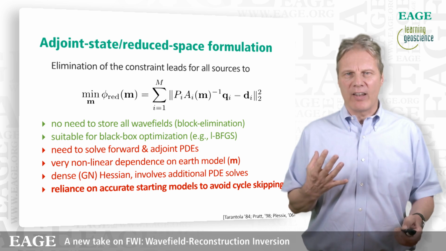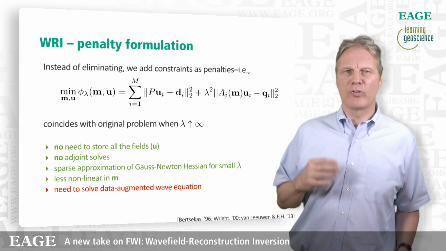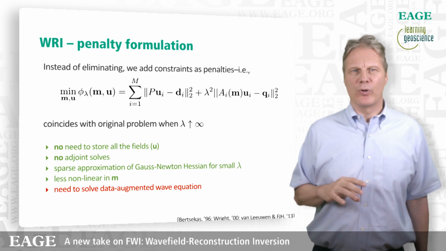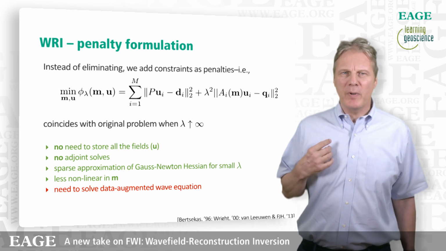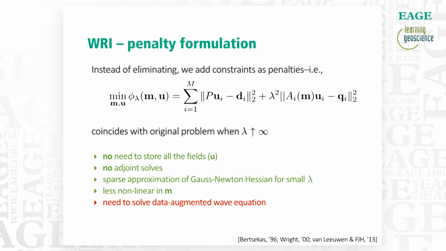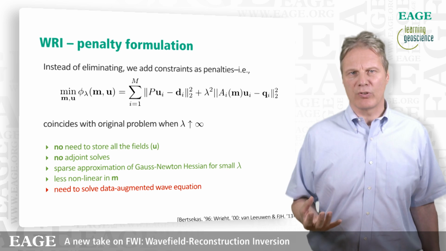So to avoid that, we are going to go with an alternative approximation, which is called WRI, or a penalty formulation, where we replace the constraint by a two-norm penalty, which is the second term in this equation, preceded by this term lambda, that weighs the importance of the physics versus the data fit. Now, if that lambda goes to infinity, we get solutions that are the same as the adjoint state formulation, but we don't need to.